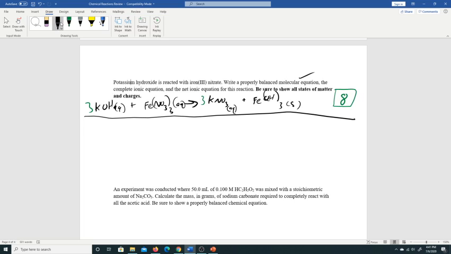Now for the full ionic equations, anything which is water soluble, aqueous, we're going to split up, and we're going to include the charges.